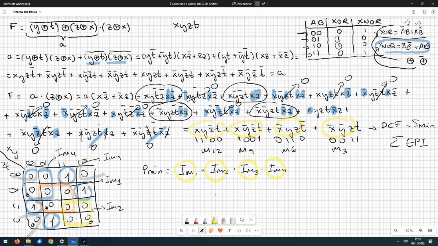We may check the number of gates that they need. With this purpose, we need to write the sum terms associated to every prime implicate. In fact, we have to do it always. So prime implicate 1 is going to be this.